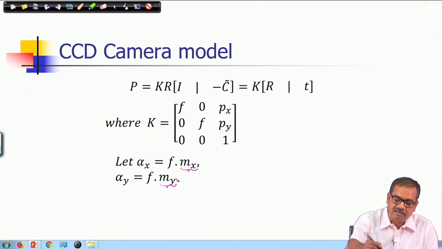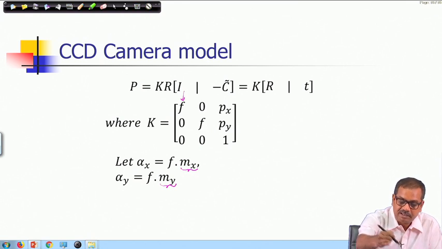If I consider a length f in the calibration matrix, f is a multiplication factor of that length. So, in our case, f can be replaced by alpha x, which is f into mx, and alpha y, which is f into my, in their respective places.